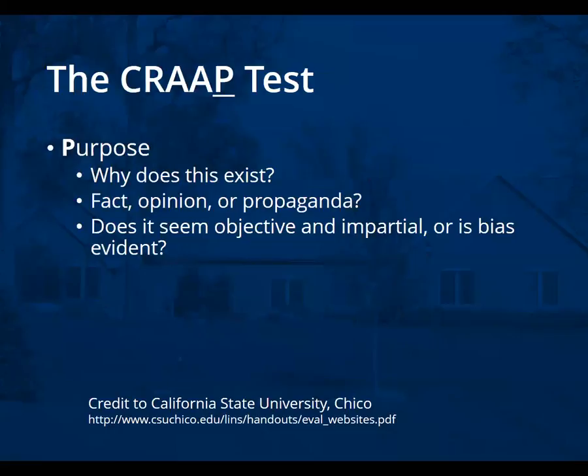Why did someone put this out there? What are they trying to convince you of or sell you, ideologically? Is this fact? Is it opinion? Is it propaganda? Is it objective and impartial, or at least attempting to be? Or is there bias evident? So these are some important questions to consider.